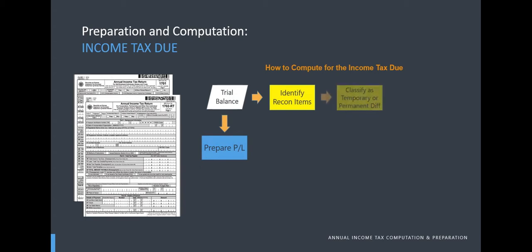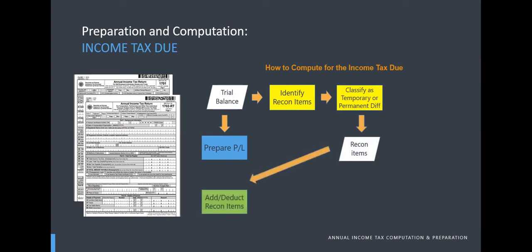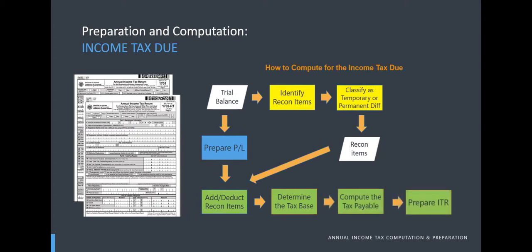Once we identify those reconciling items, we need to classify whether each is a temporary or permanent difference. Then, once we have classified them, we can add or deduct these reconciling items from the profit and loss statement to determine the tax base. Then we compute for the tax payable and prepare the ITR.